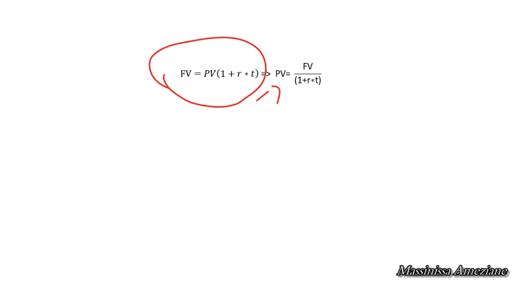If we have the future value but we don't have the present value and want to find it, you can get this formula from the previous one. So we have PV equals the future value over 1 plus R times T.